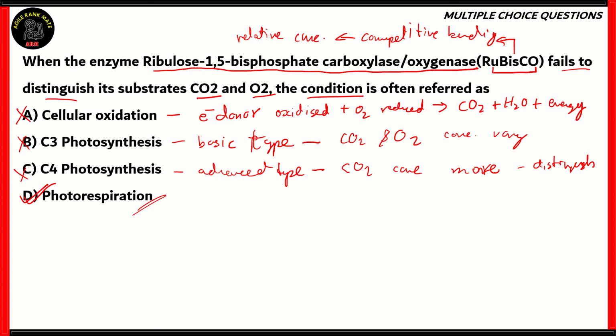So if there's more CO2 than O2, then Rubisco bonds with CO2. However, if there's more O2 than CO2, then Rubisco bonds with O2. And when Rubisco bonds with O2, it fails to distinguish its substrates, and thus there is the process known as photorespiration, where there is a cycling of electrons. However, there is a loss of energy. So therefore, option D is the right option.